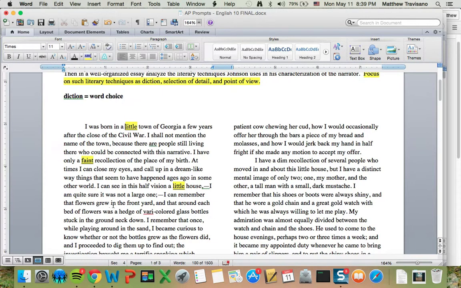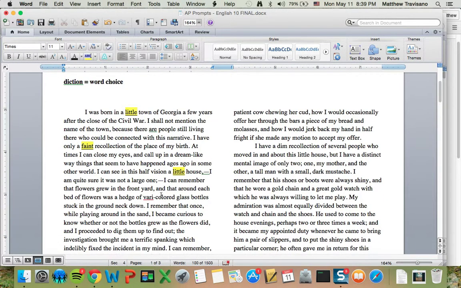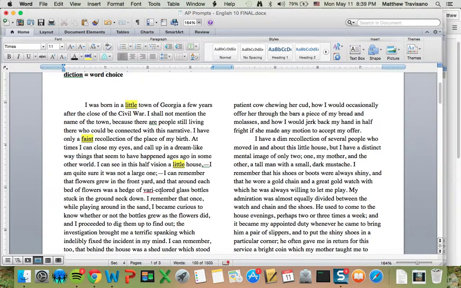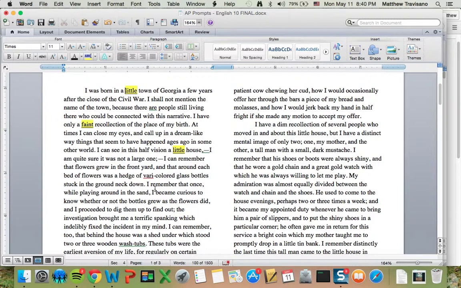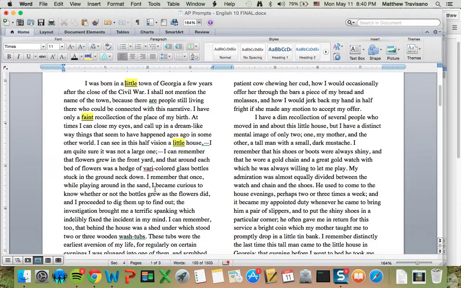He doesn't seem particularly proud of it. And actually, if you remember from this section of the book, or if you even read on in this passage, you'll know that when he thinks about his hometown, it's usually fairly anxious. It was actually a place that was not particularly happy. He goes on to reminisce about sort of physical abuse, these spankings that he received, and the bottles in the ground and that sort of thing.